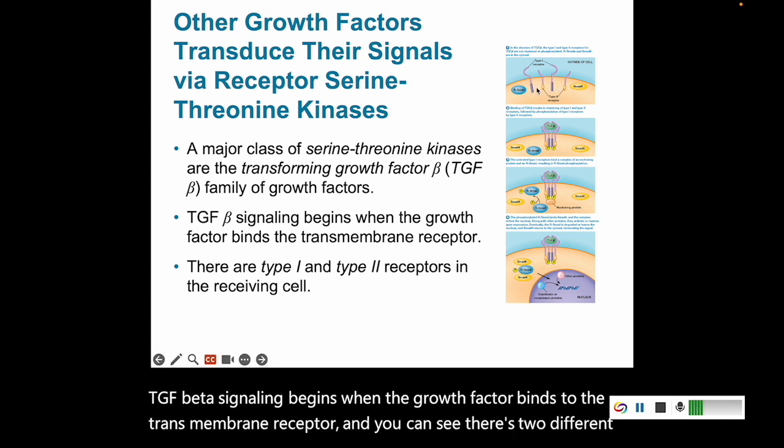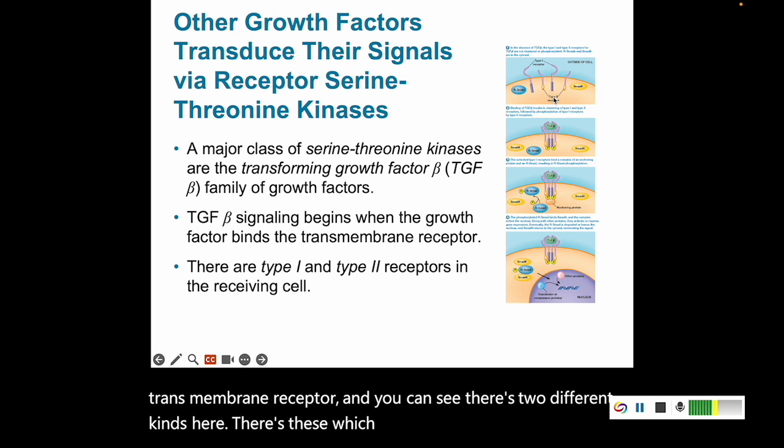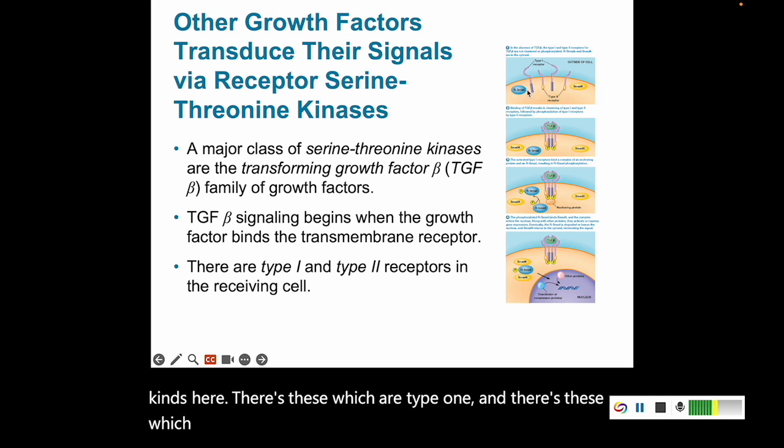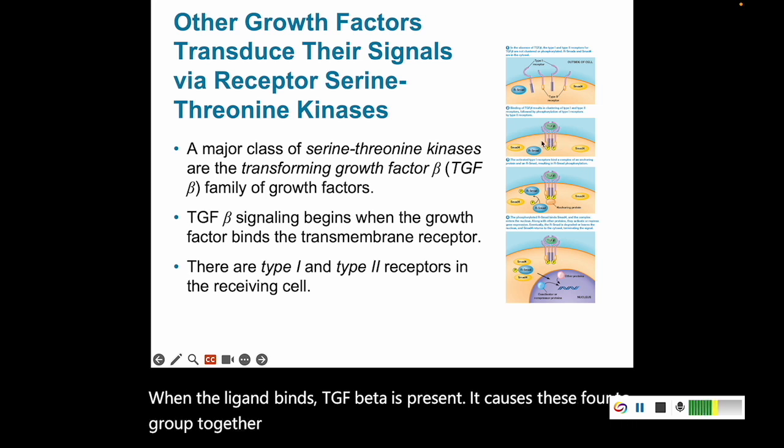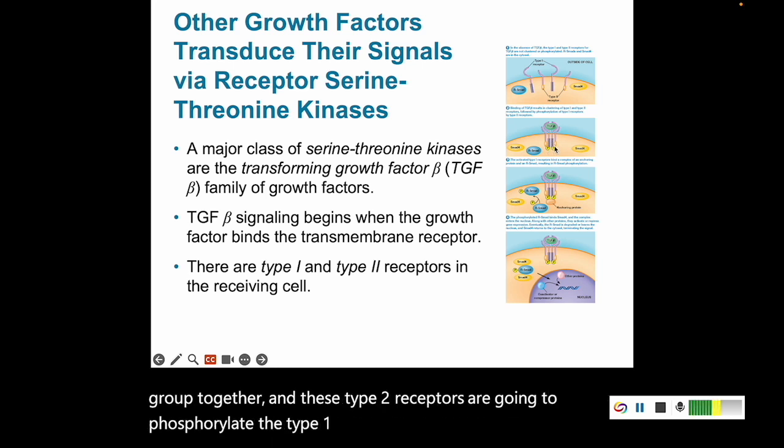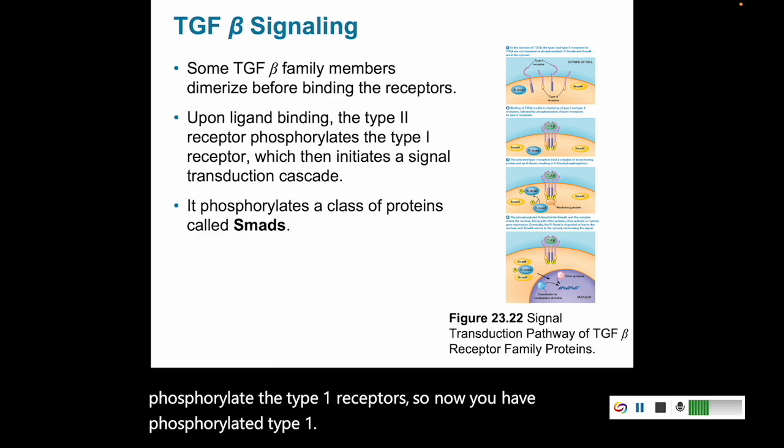There's these, which are type 1, and there's these, which are type 2. But they're all part of this serine threonine kinase. When the ligand binds, TGF-beta is present. It causes these four to group together, and these type 2 receptors are going to phosphorylate the type 1 receptors. So now you have phosphorylated type 1 receptors that are active.